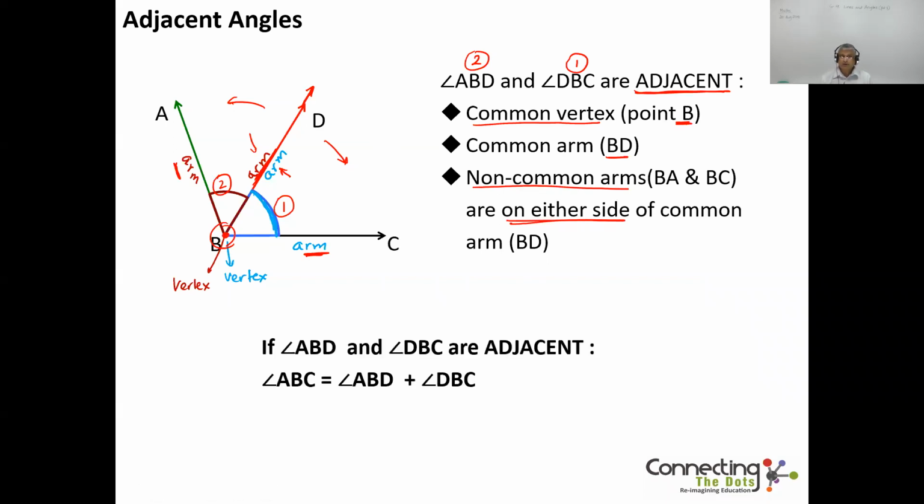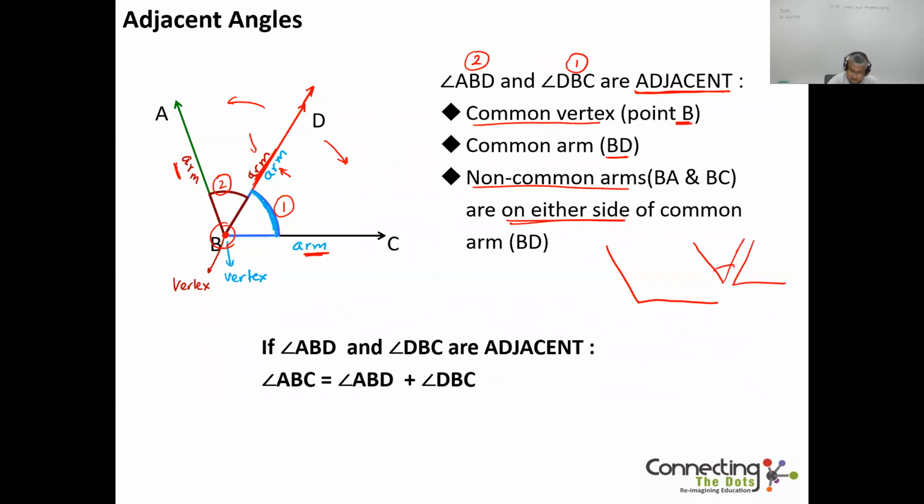So if there are two adjacent angles, then we can always say that the angle formed by the non-common arms, that is angle ABC, will be equal to the sum of the two adjacent angles. All right, which simply means that this angle will be the sum of this plus this, two angles.